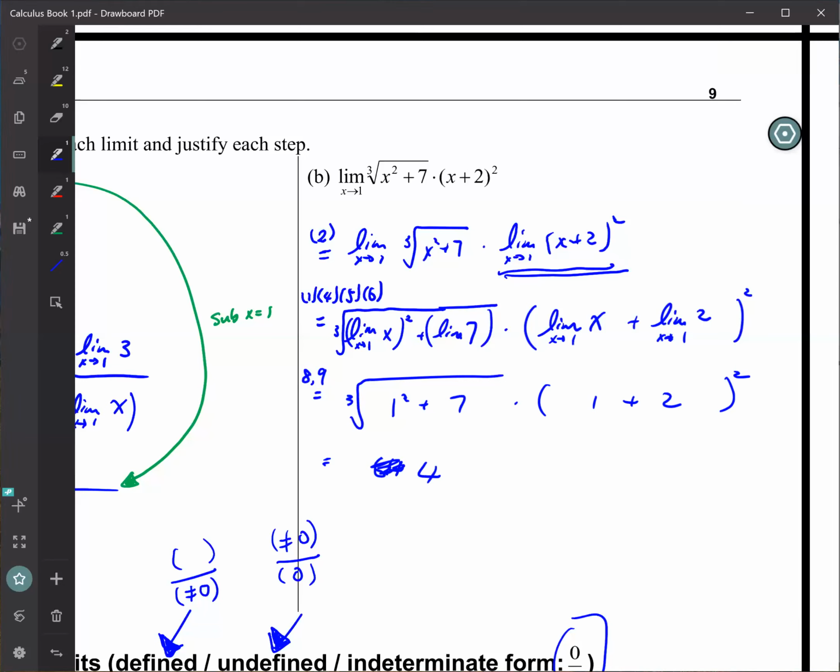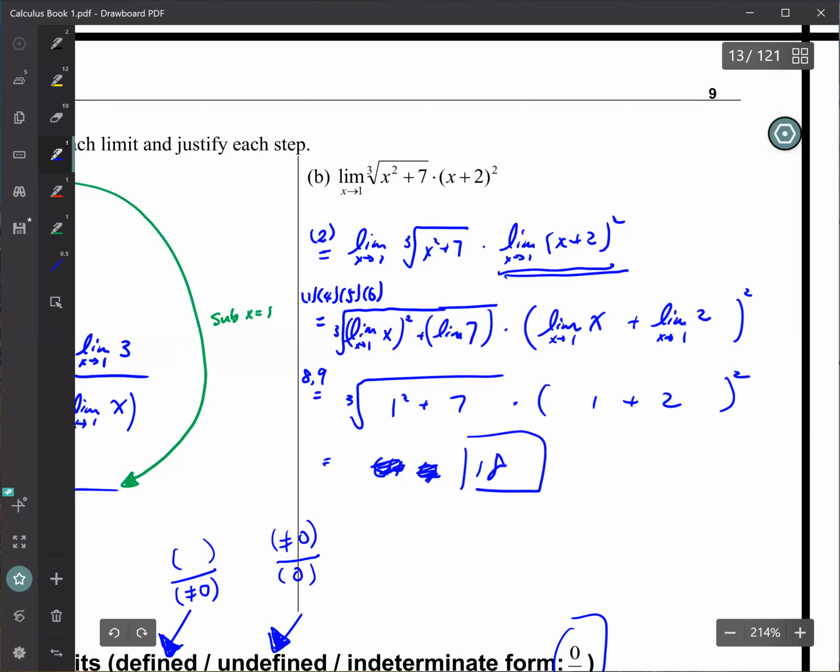Jesse, what do you have? Oh wait, never mind, I messed up. I got 18. Yeah, I have 18 too. What do you think, Leon? Oh yeah, sorry. I forgot that this part was also not supposed to be cube root. Okay. So cube root of 8 is 2, right? So 2 times 9, so 18.